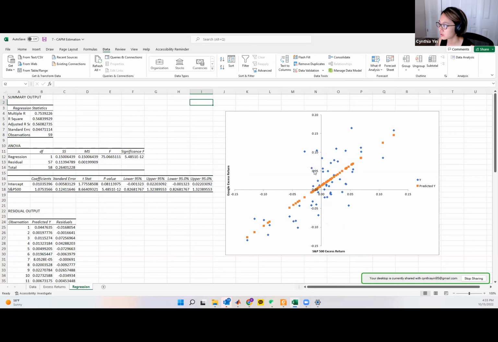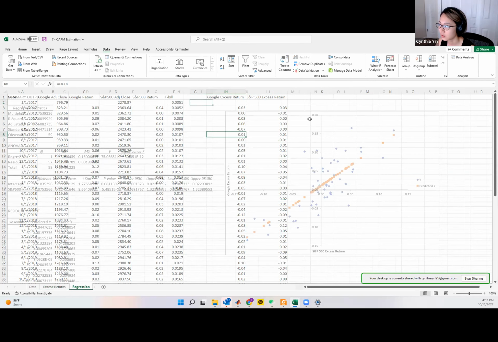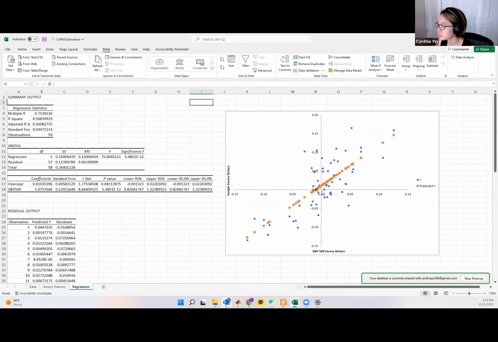The blue dots are simply the scatter plot of these H and I columns. So these are the data observations. And the orange one, you can see here, is predicted Y, or predicted Google excess return.